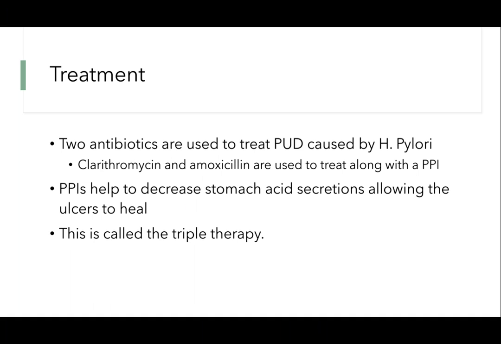They're used along with the PPI. The PPIs help to decrease stomach acid secretions, allowing the ulcers to heal. That's very important, to let your stomach heal itself by reducing the stomach acid. So again, this is called a triple therapy for treatment for PUD.